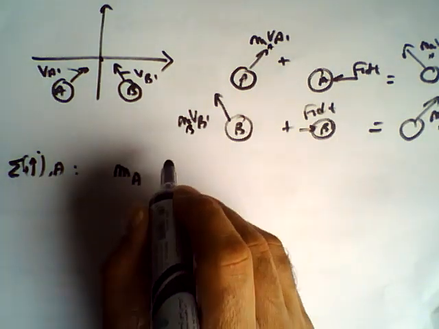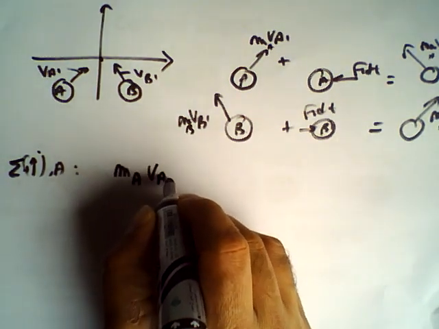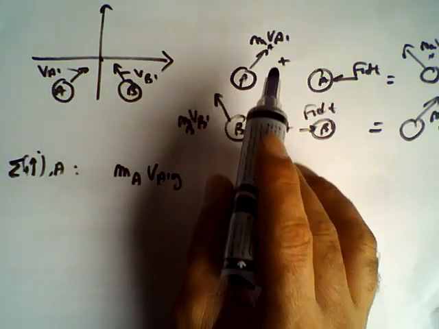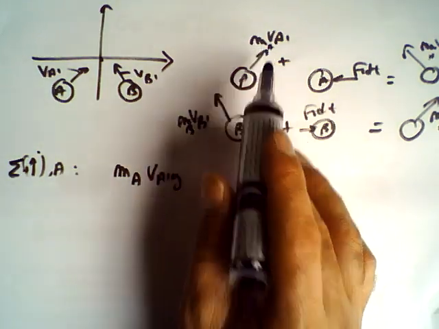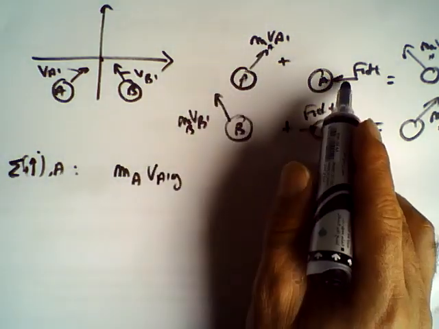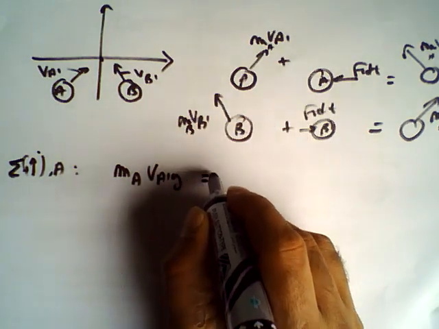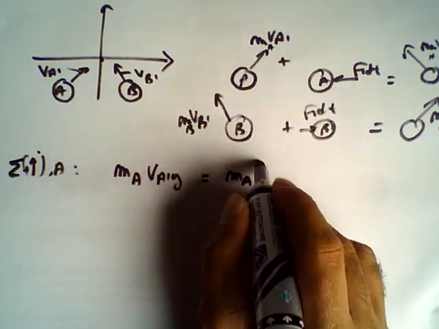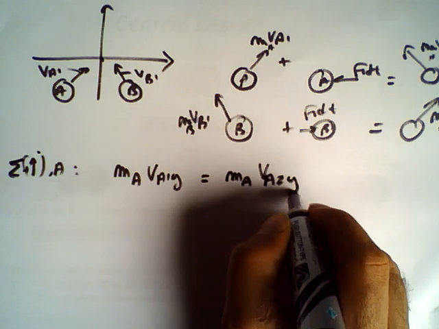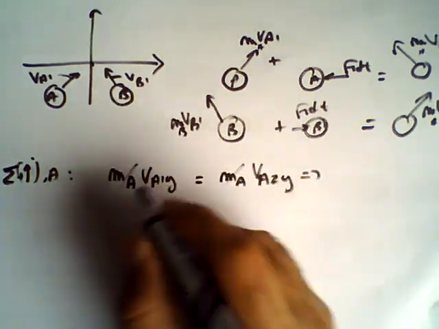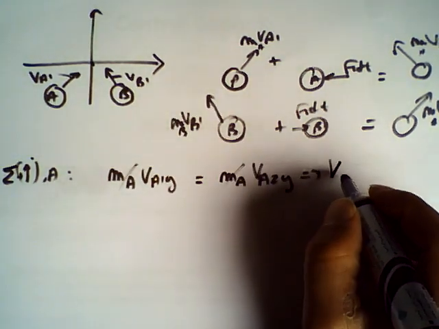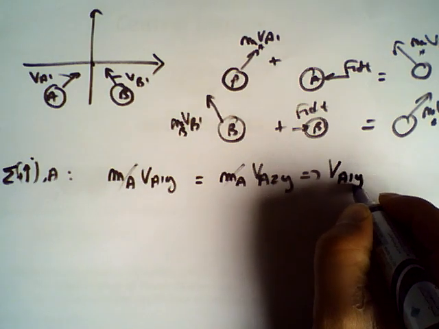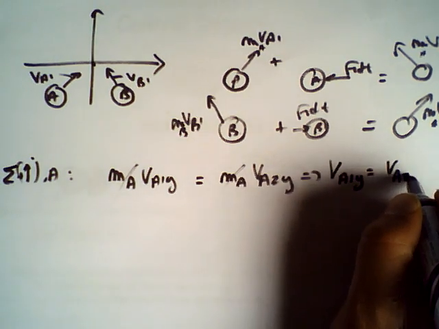I'm going to have MA VA1Y, I can take the vertical velocity of A. I have no impulse in this direction, and that is going to be equal to MA VA2Y. Because I have the same mass, I'm going to end up with VA1Y equal to VA2Y.